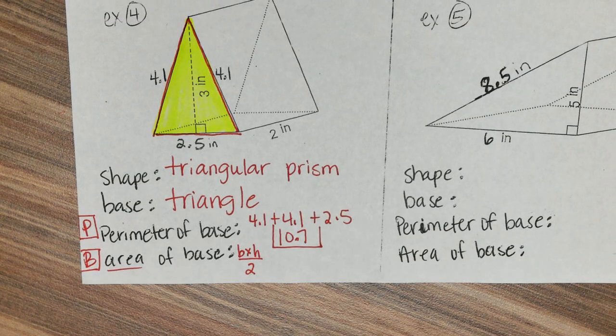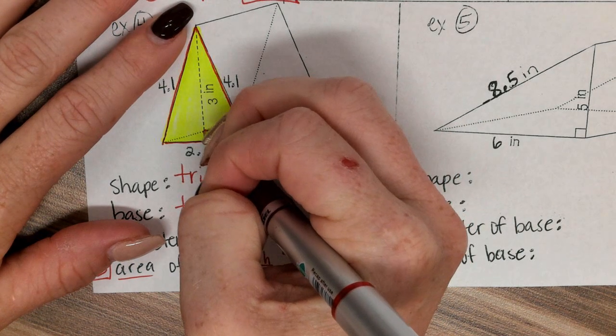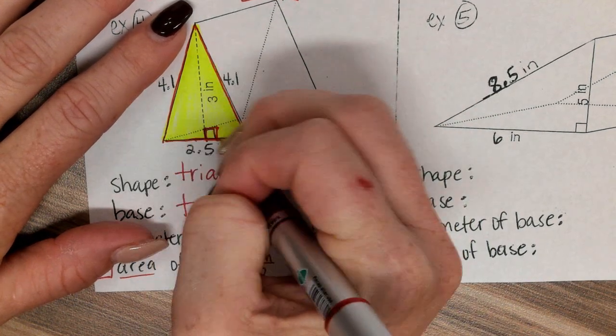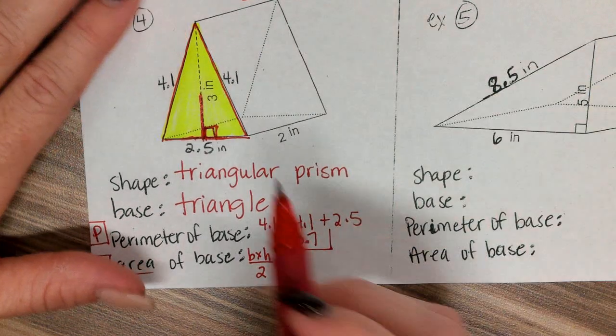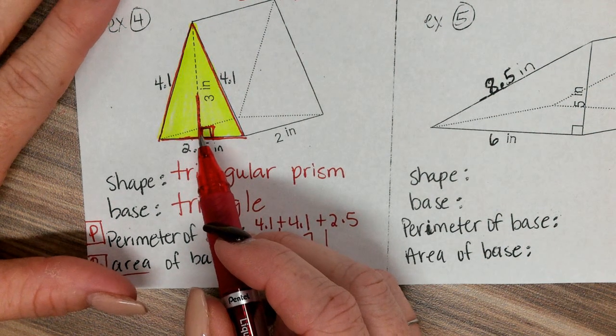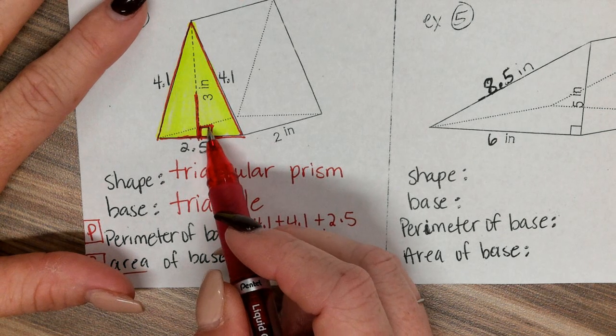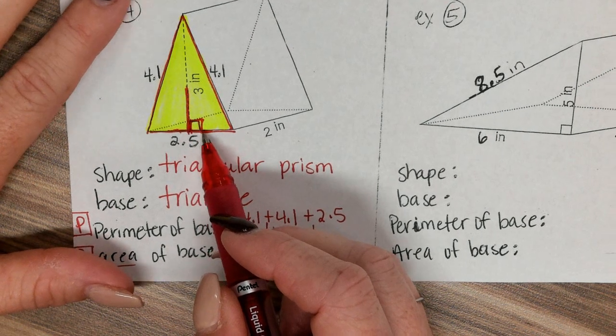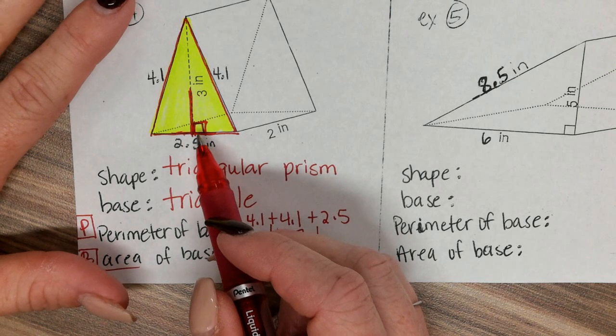Do y'all remember how to find the base and the height? Find the right angle. Everybody find the right angle? Does everybody see it? There's your base. There's your height. Does everybody understand? I'm going to say it again. Find the right angle. The two numbers that form the right angle are your base and your height.